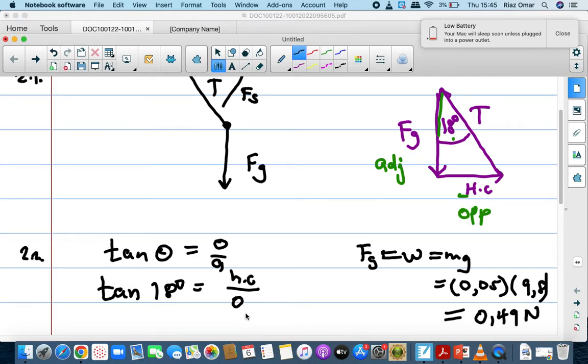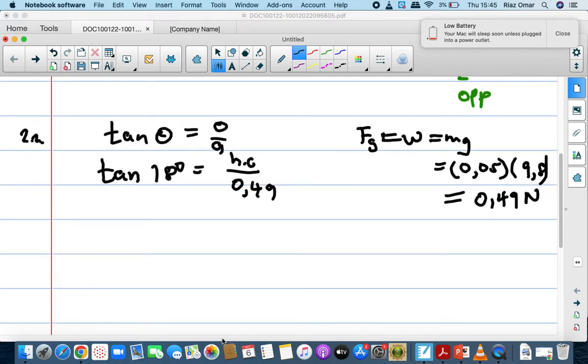Then if you take it further, you have to take it onto the other side. We'll say tan of 18 degrees multiplied by 0.49, and that will give us the horizontal component that we're looking for. If you work it out, it's 0.49 multiplied by tan of 18 degrees.